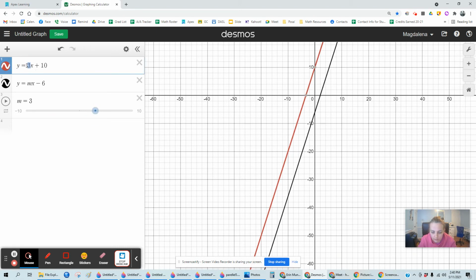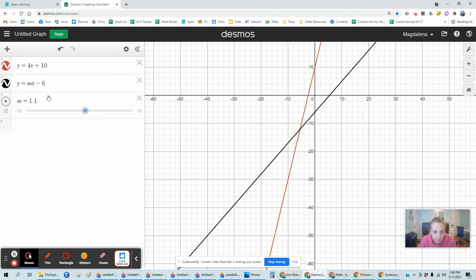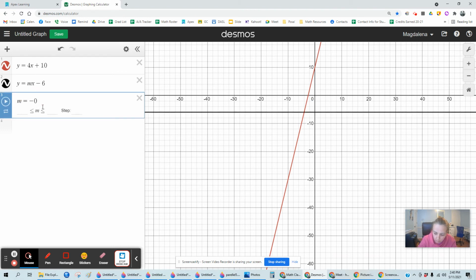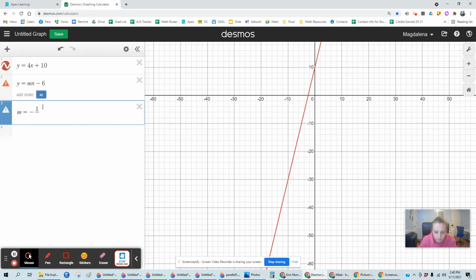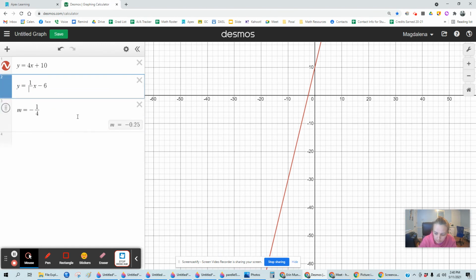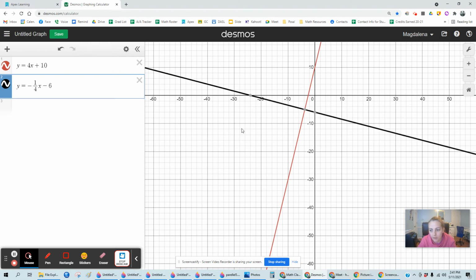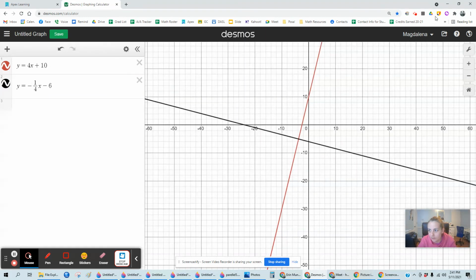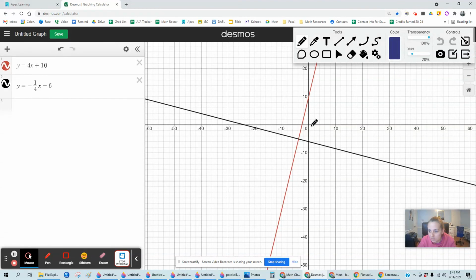I'm going to go ahead and change this to 4 and actually make this one to be negative 1/4. Oh, actually, let's make it like this. So in this case, now I have 2 lines that are perpendicular. What it means is that these 2 lines are making a 90 degree angle.